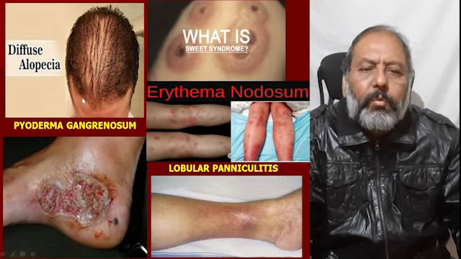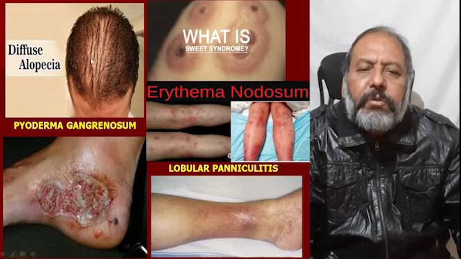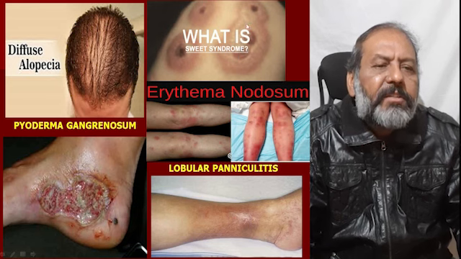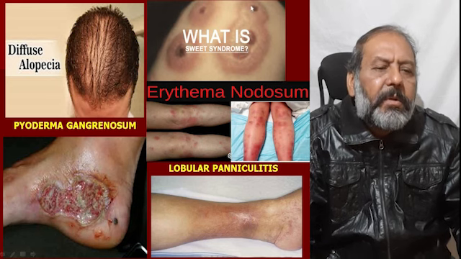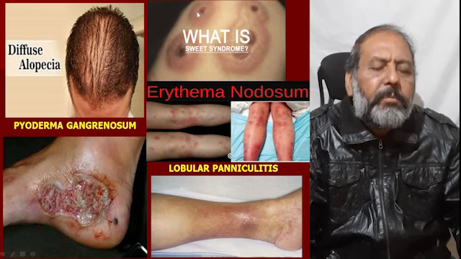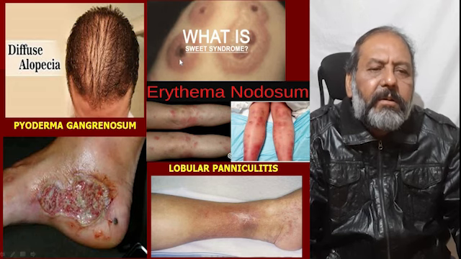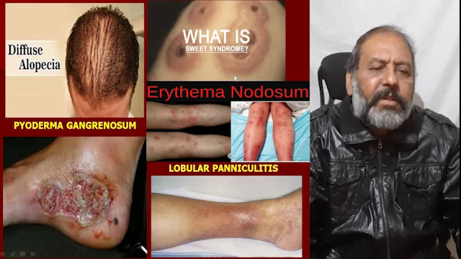So here one can see the diffuse alopecia of the skin involvement, pyoderma gangrenosum, also a skin involvement, and this is the Sweet syndrome, which has also been seen in rheumatoid arthritis. One can see the lesion of the Sweet syndrome.